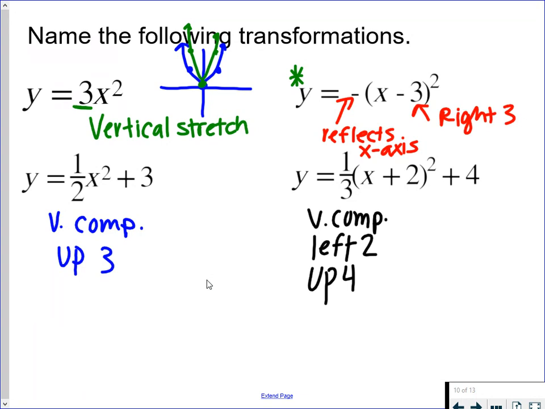So if I want to graph by using transformations, I would say, okay, well, the parent function is x squared. Well, x squared, if I do 0, 0 squared is 0. 1 squared is 1. 2 squared is 4. And I could keep going if I wanted to, okay? But that's the parent function. That's home for it. That's where it begins.